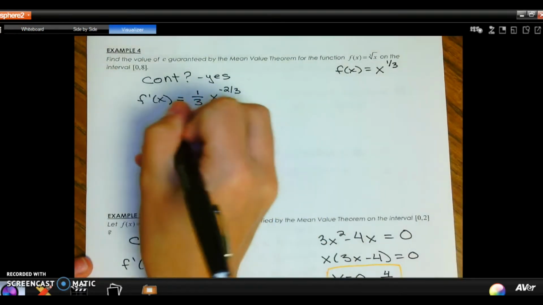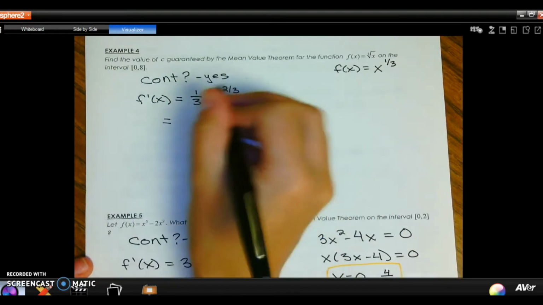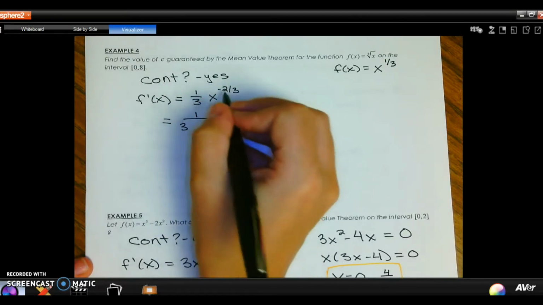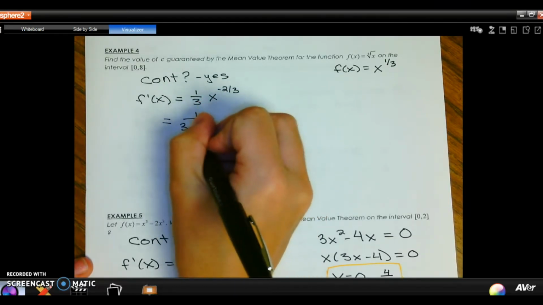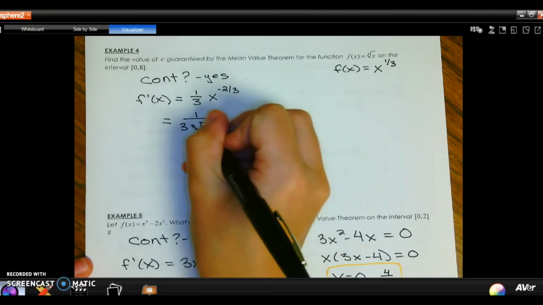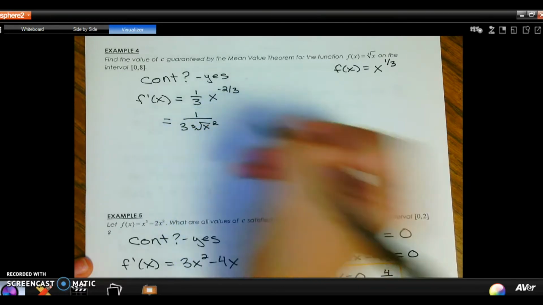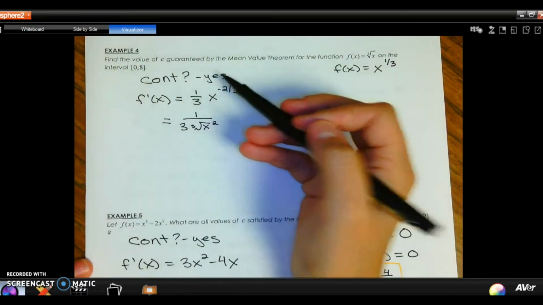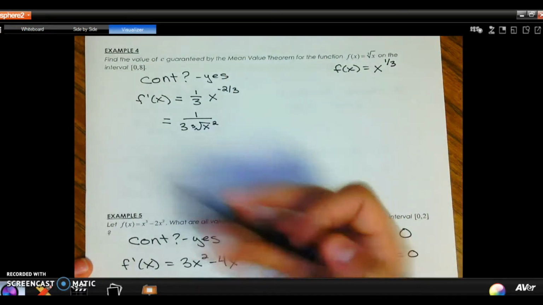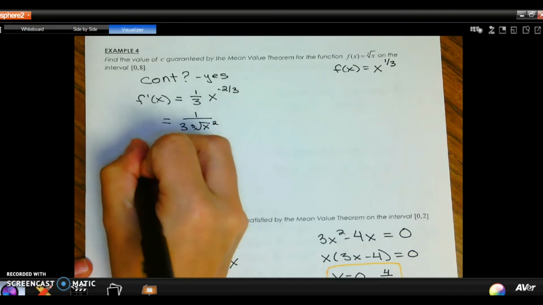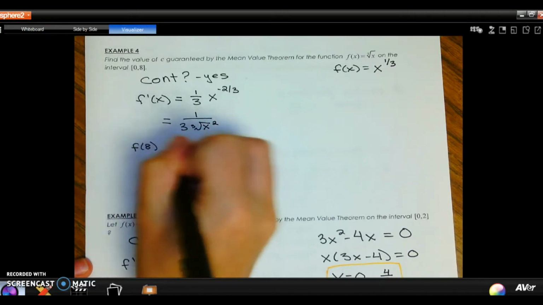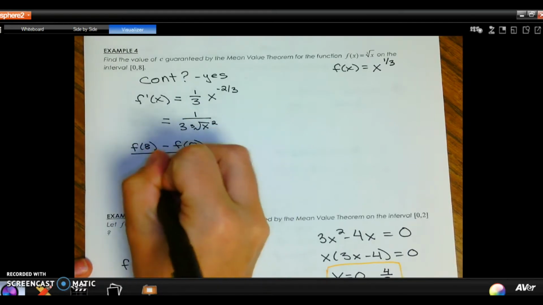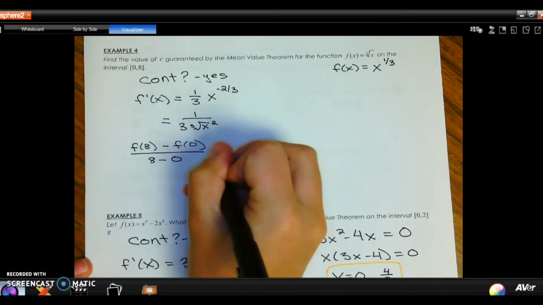I'm going to rewrite that. Remember, a negative exponent means it can be written in the denominator. So power over root, that's going to be the cube root of x squared. So I have that derivative. I checked for continuity, I took the derivative. Now I need to use that average rate of change formula. So I need f of 8 minus f of 0 all over 8 minus 0.